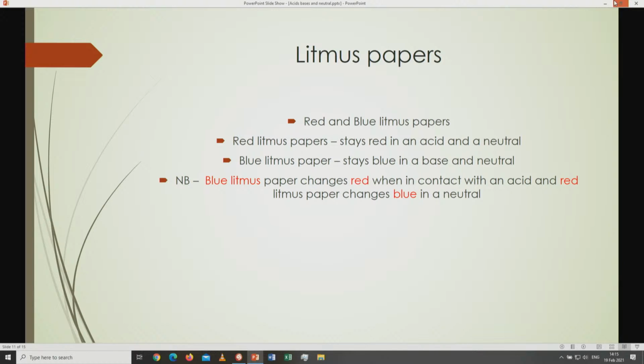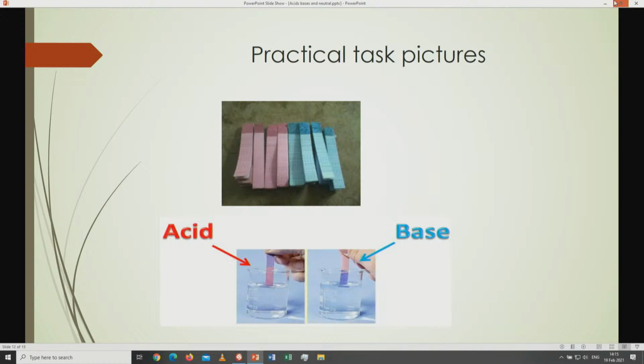Take note that blue litmus paper changes red when in contact with an acid, and red litmus papers change blue when they are in a base. Good.